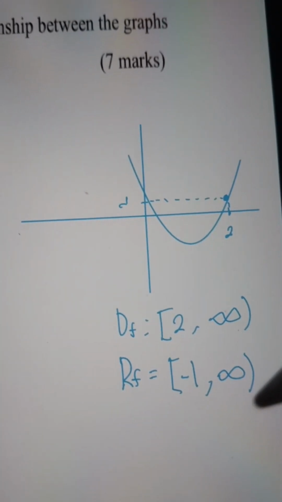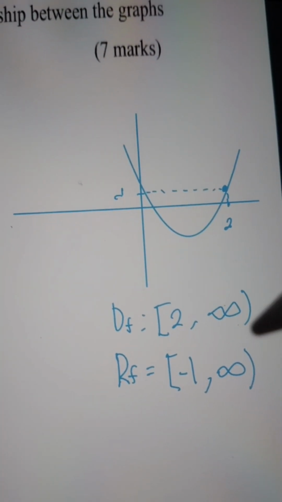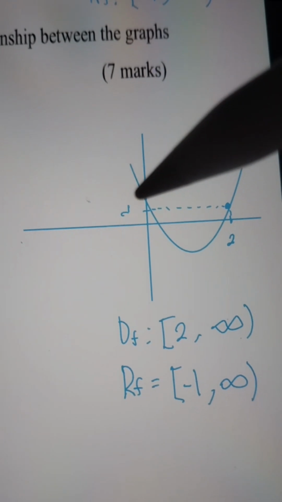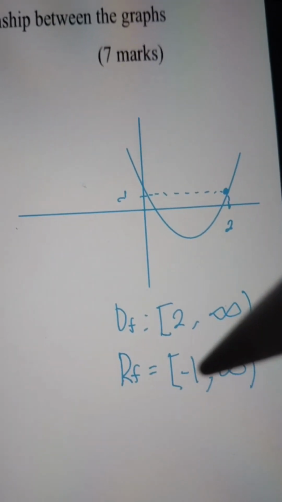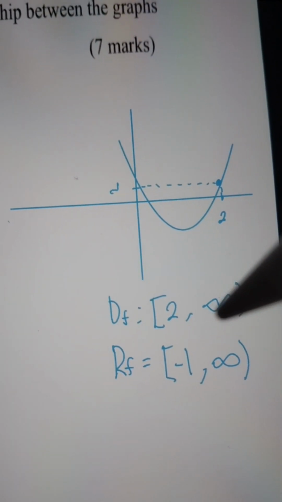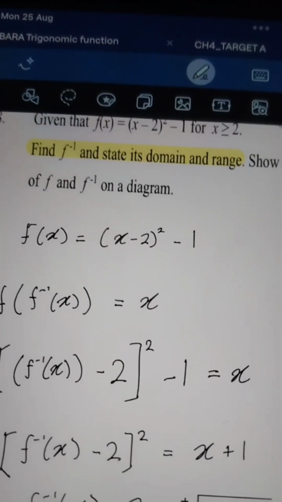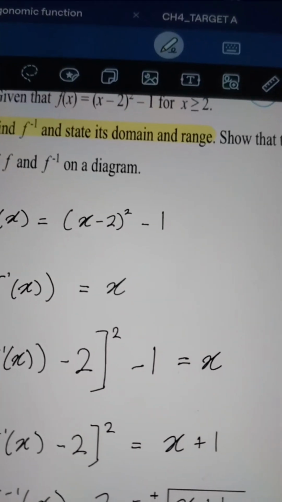And to find the range of f(x), we can sub in 2 into f(x) to find the y-axis. Therefore, we will get the range of f(x) equals negative 1 to infinity. And the question wants us to find the domain and range of f inverse.